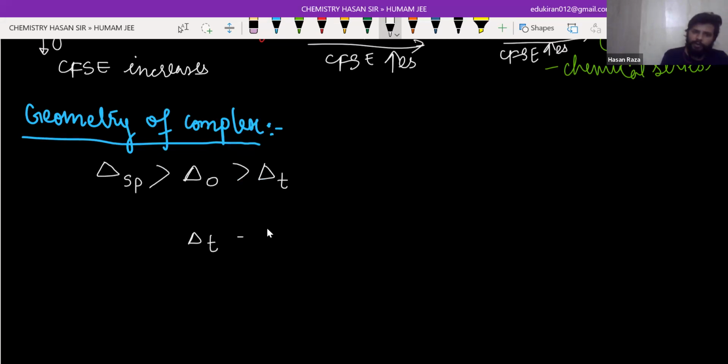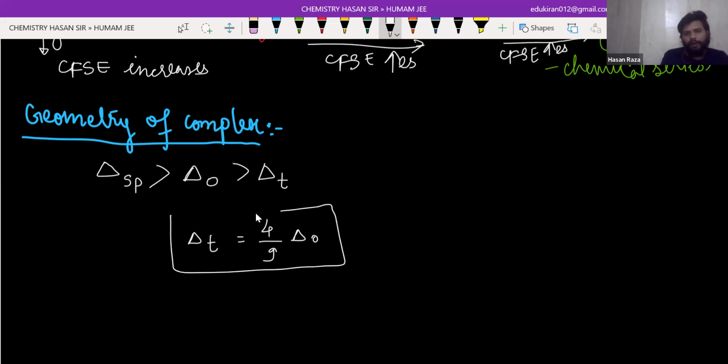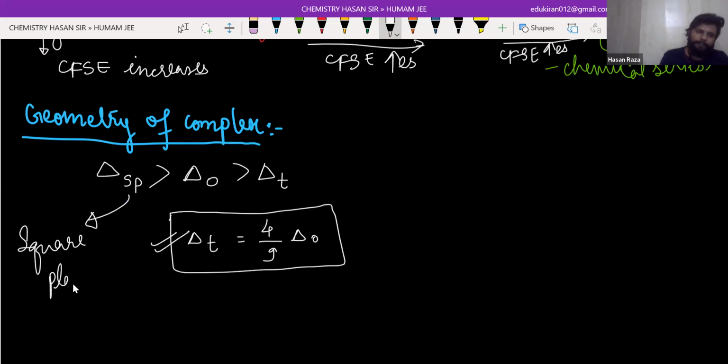Delta T will be equal to 4 by 9 delta naught. CFSE of octahedral and CFSE of tetrahedral. SP stands for square planar, O stands for octahedral, and T stands for tetrahedral.